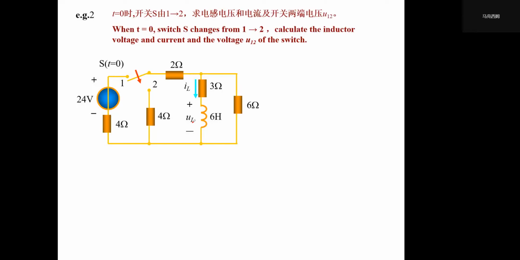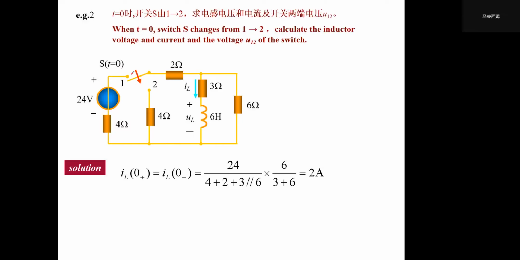And I would like to know the voltage across the switch, U1,2. So we still use the knowledge we have learned from the moment 1.